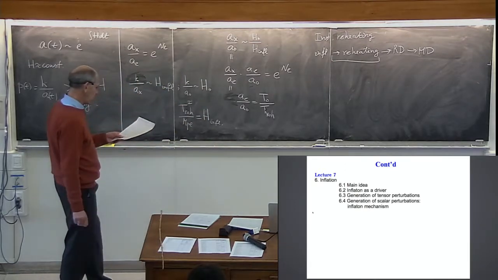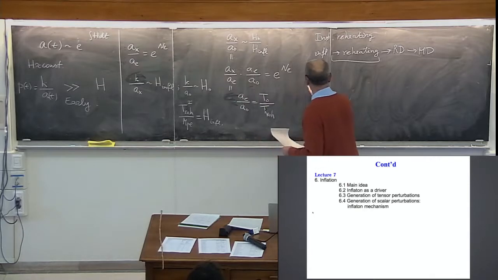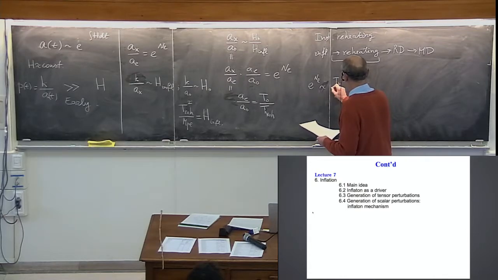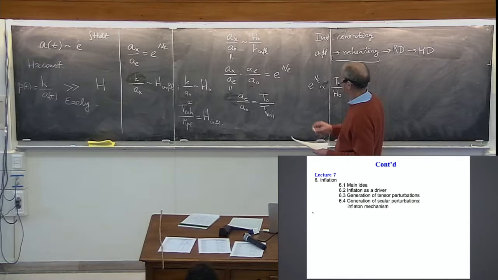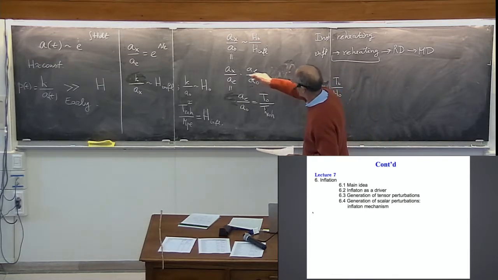Okay, so all in all, we get that e to the N, e-foldings, is in this case of order T naught over H naught. I make this requirement.